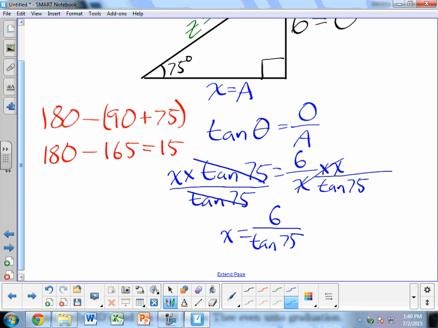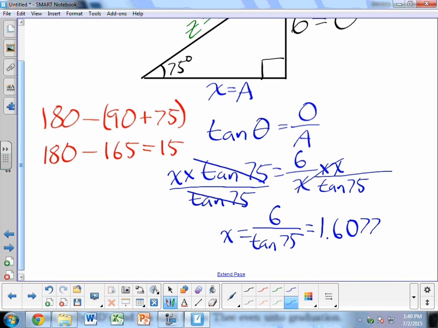And, again, the only way to do this is with the calculator. So I'm going to say 6 divided by the tangent of 75, which gives me 1.6077. And the reason you don't see me doing this on the calculator in the computer is because calculators on computers are a little bit strange with how you have to input things. And it's easier to use a scientific calculator.